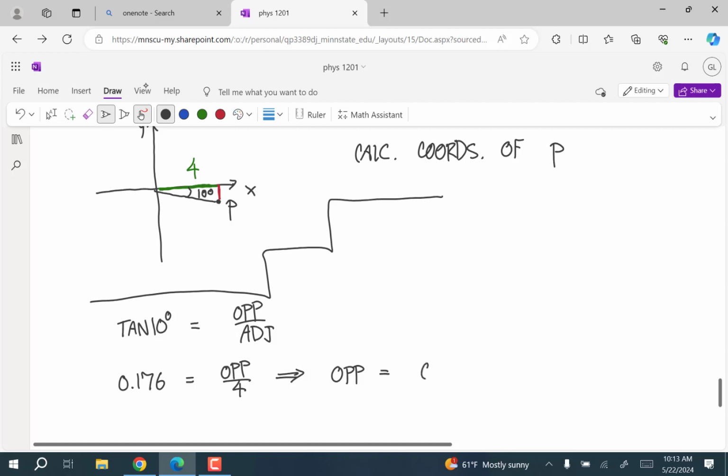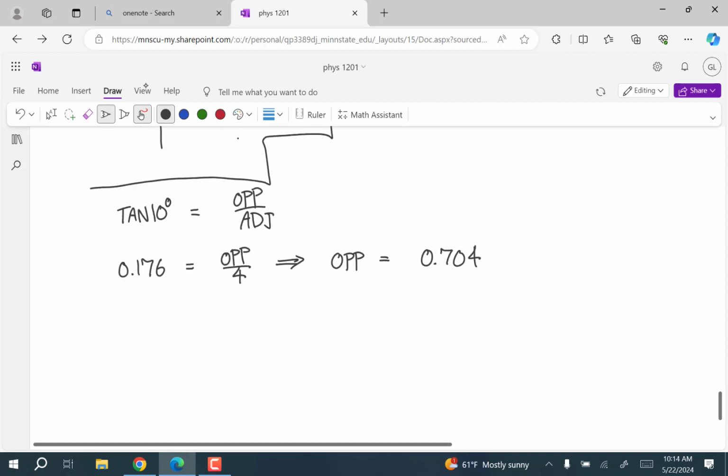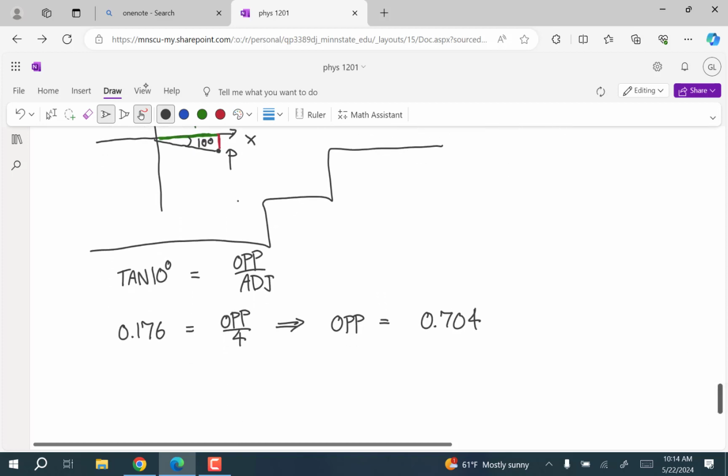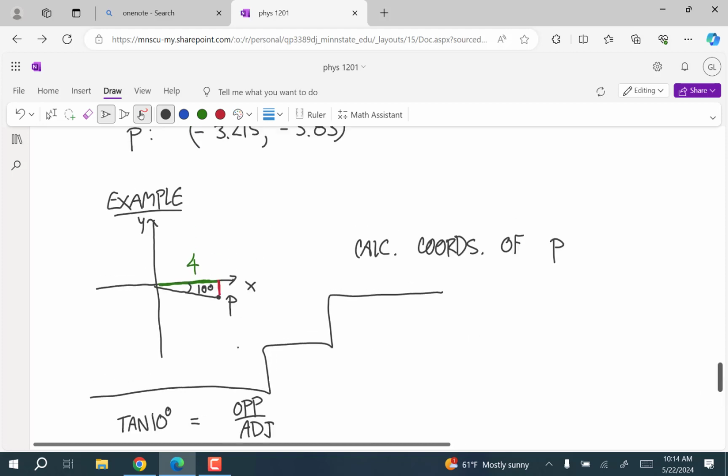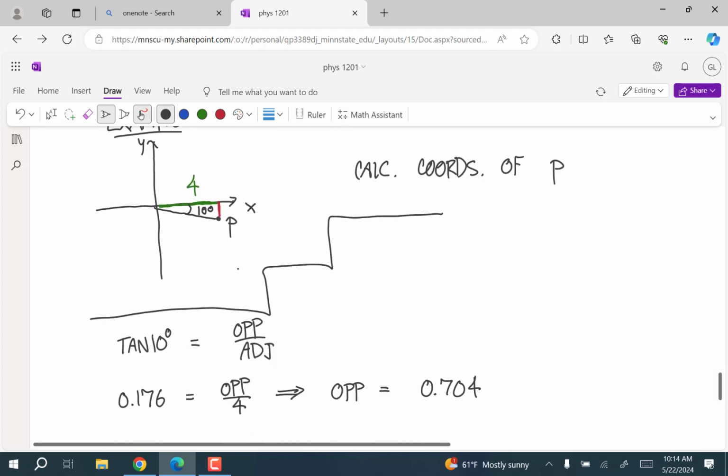And so that's 0.704. Now you have to think about, so we have the absolute value of the x-coordinate. That's 4. We have the absolute value of the y-coordinate. Now we have to think about the signs of those.